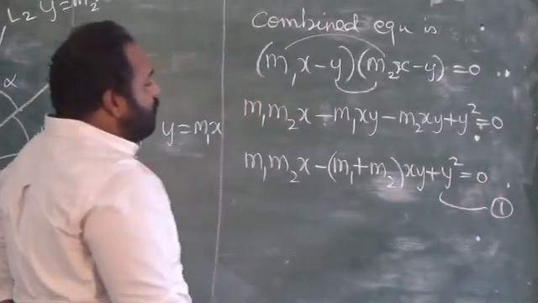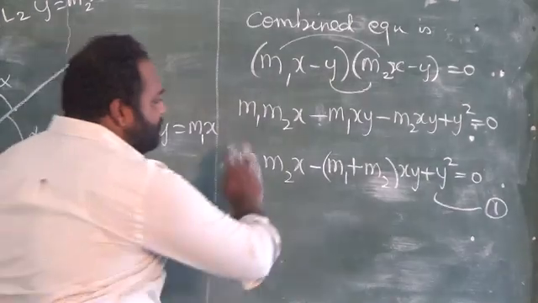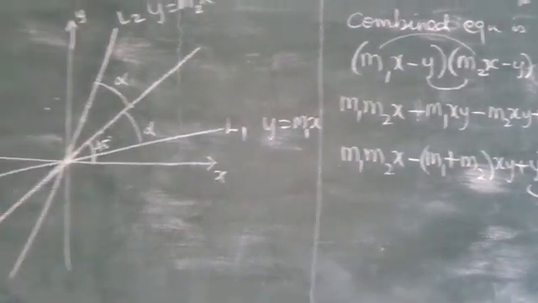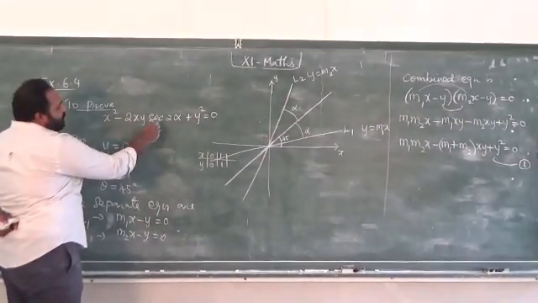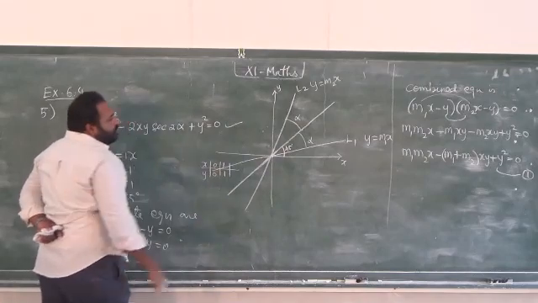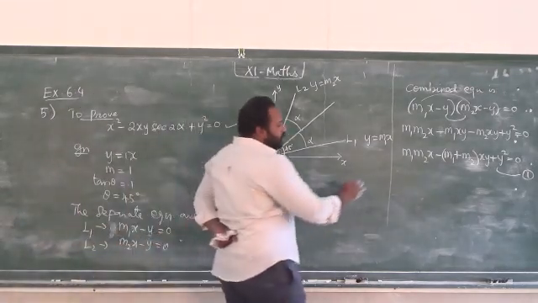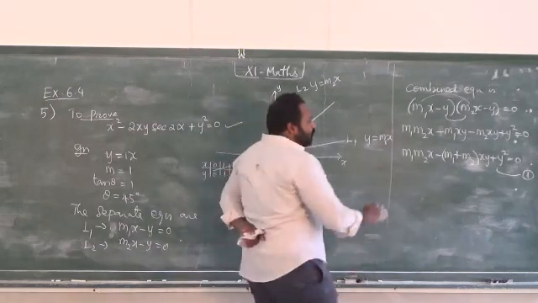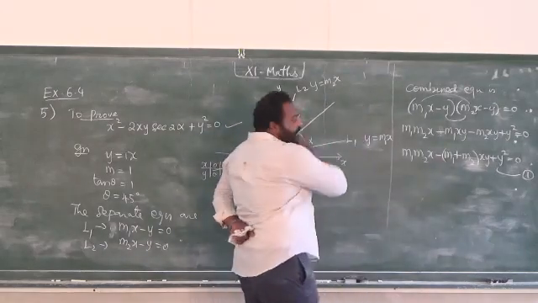Take it as equation 1. Actually this is the required equation, but here we have given x square minus 2xy secant 2 alpha plus y square. This is what we have to prove, but here we have m1, m2 values. If you substitute m1, m2 values here, you can get the required answer.